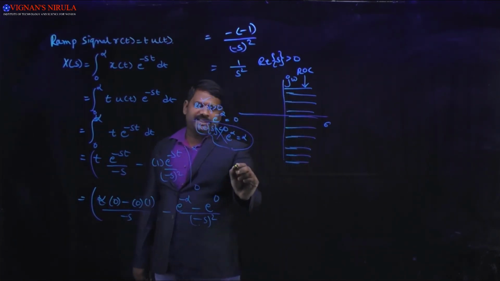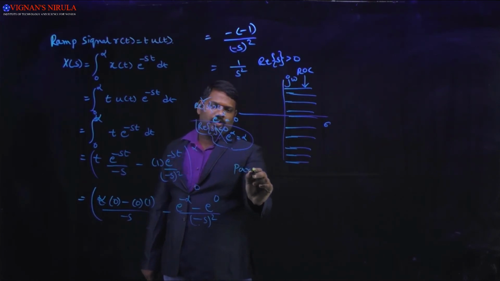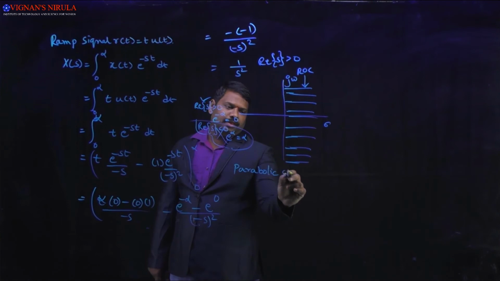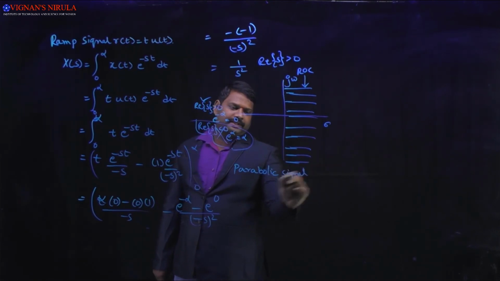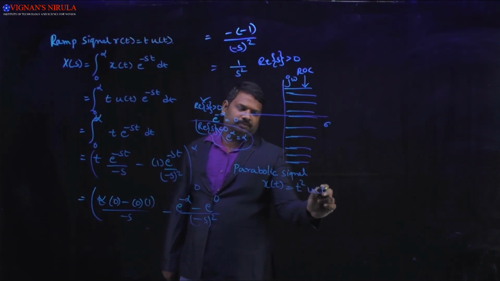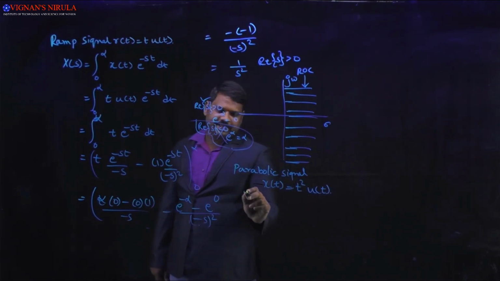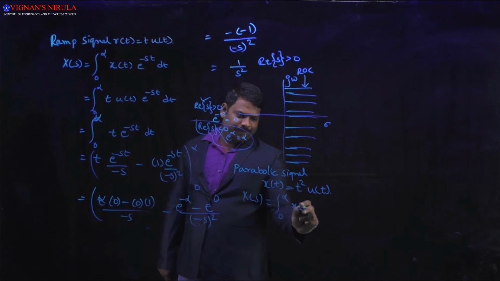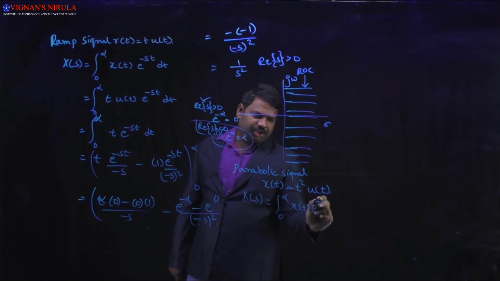Coming to the parabolic signal. In the parabolic signal, x of t is equal to t square into u of t. Therefore, our X of s is the integral from 0 to infinity of x of t e power minus st dt.